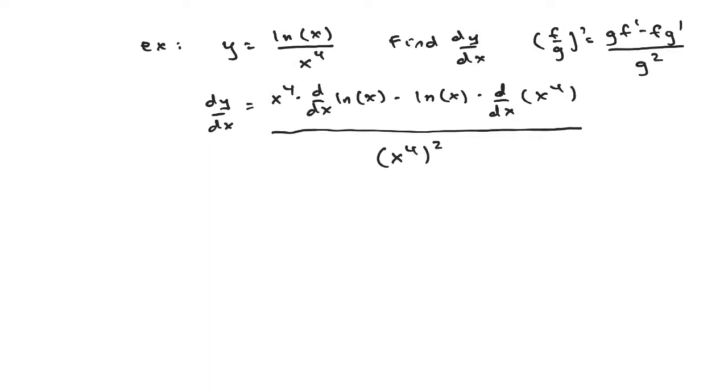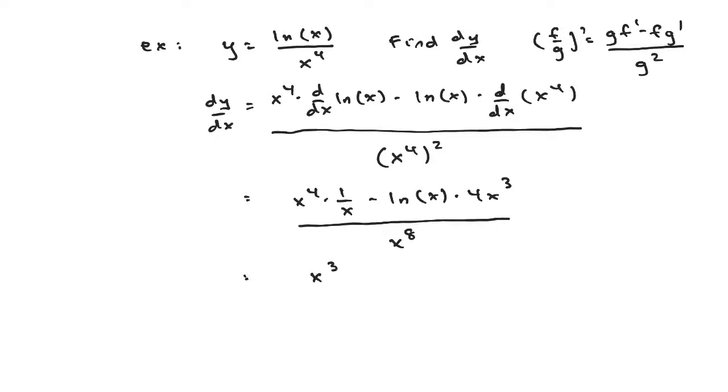All right. So if I work this out a little bit more and I calculate these derivatives, that's x to the fourth times 1 over x, and that's minus the natural log of x times 4x cubed, and that's all over x to the eighth. All right, and so x to the fourth times 1 over x is x cubed, minus 4x cubed times the natural log of x, and that's all over x to the eighth.